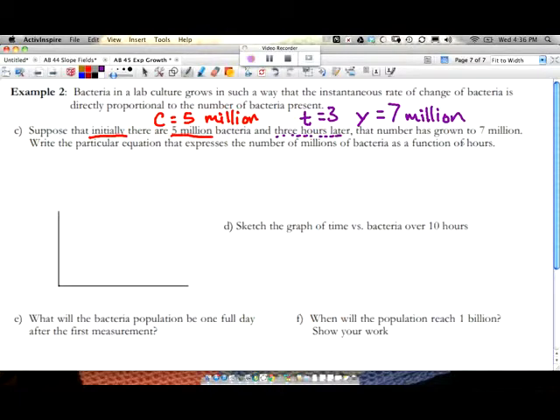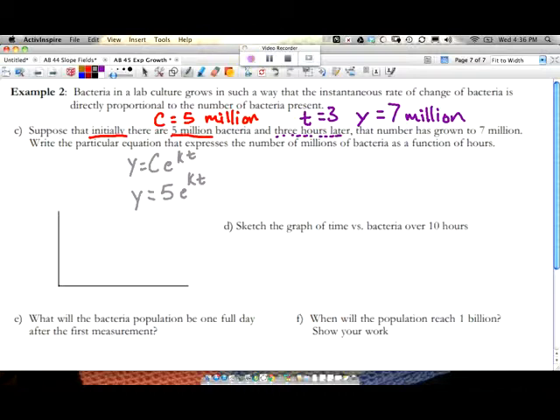All right. So that to me says that I have y equals c times e to the kt. Well, I know that c is 5. We're just going to say it's in millions, times e to the kt. No big deal, right? Okay.